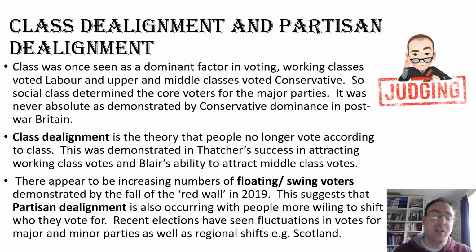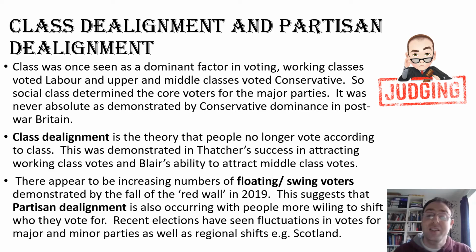It isn't demonstrated absolutely because of Conservative dominance in the post-war period, but normally people will go, if you played the odds, you're from this social group, we think you are more likely to vote this way. And that was particularly true up until 1979. In the 80s, we start to see a move away from this with Conservative moves such as selling council houses, the right to buy.